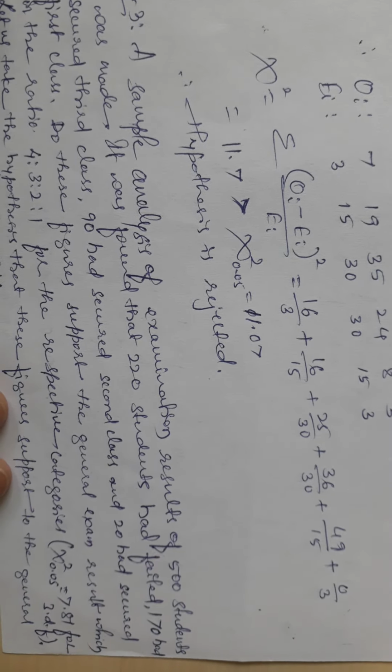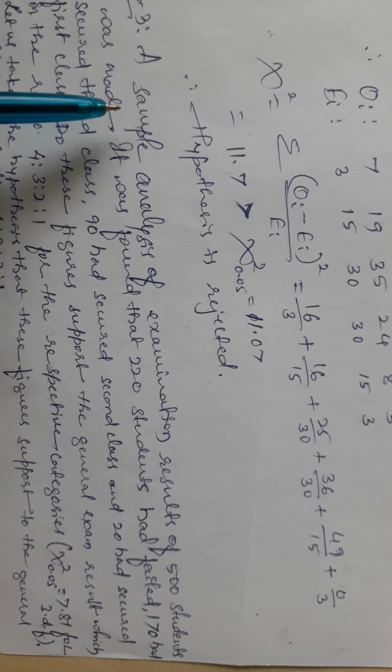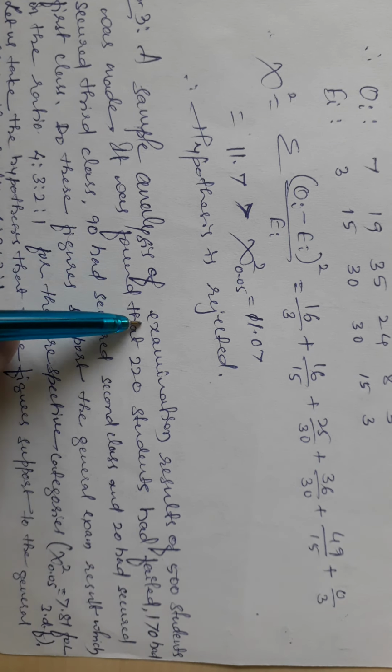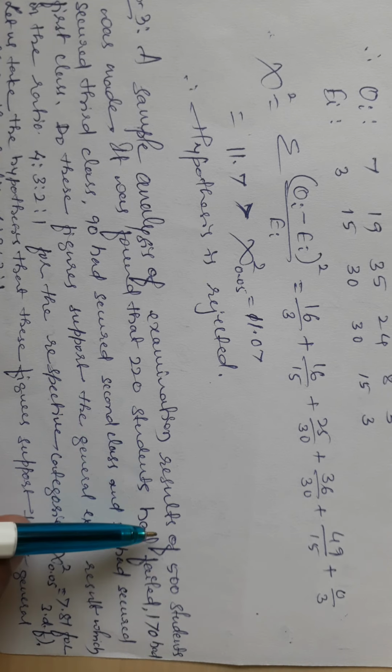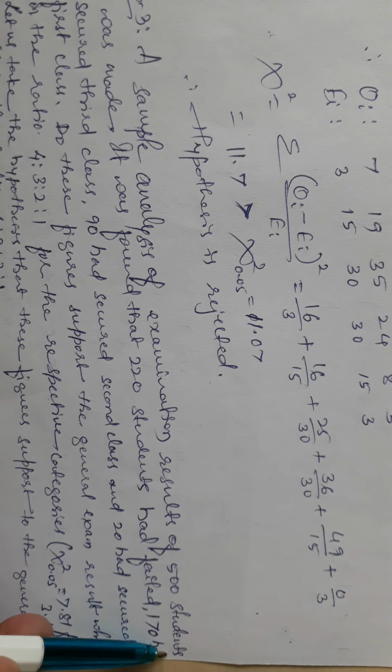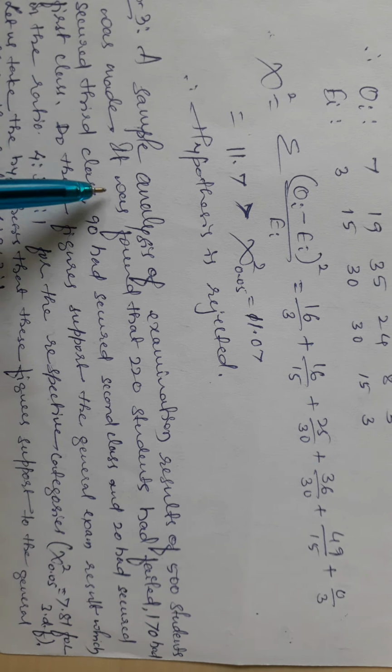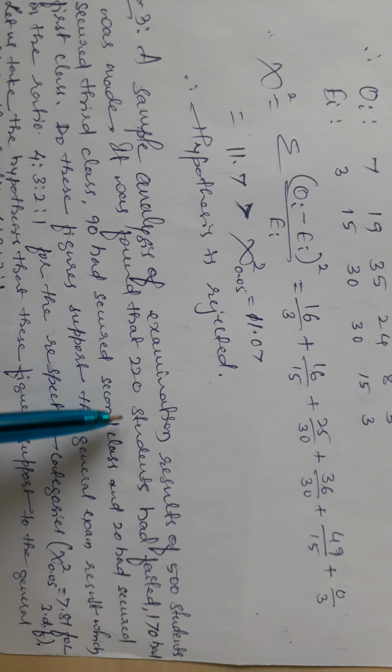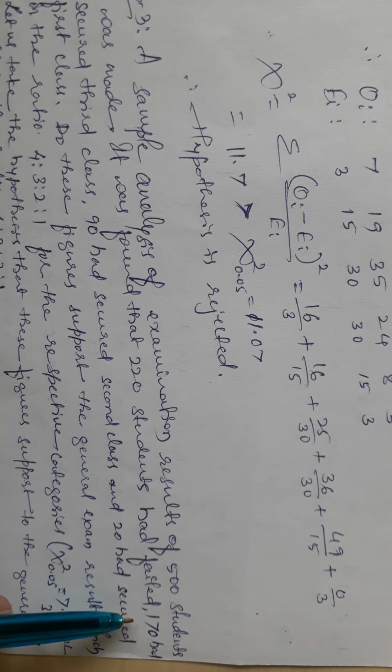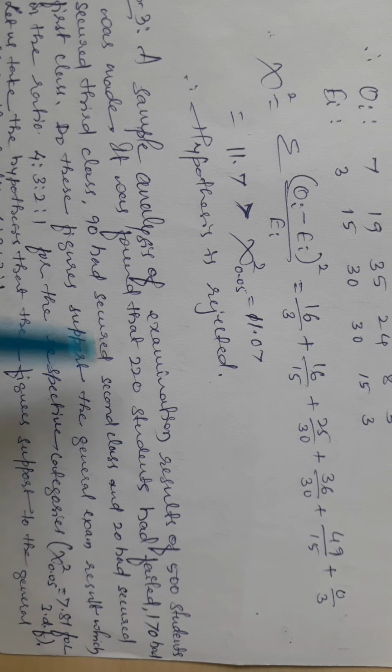Now we consider one more example. A sample analysis of examination results of 500 students was made. It was found that 220 students had failed, 170 students had secured third class, 90 students had secured second class, and 20 students had secured first class.